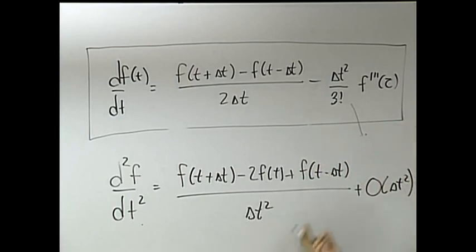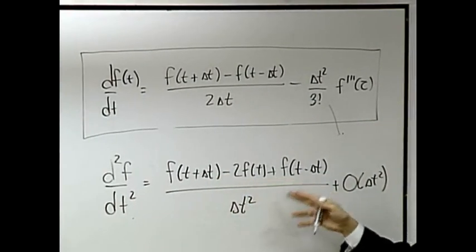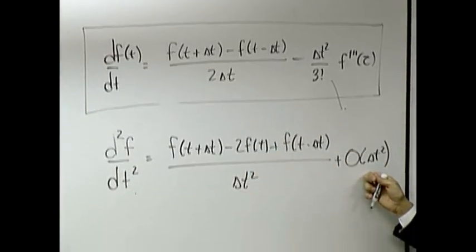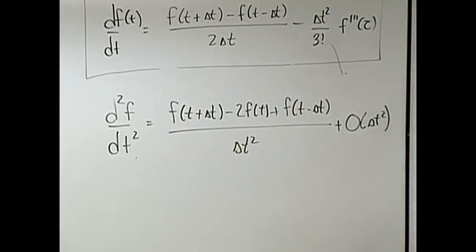Really simple to show this. Point in front, minus twice the current point, plus the point behind, divided by delta t squared. And here's what I threw away, or what I'm going to throw away. There's your second derivative formula.